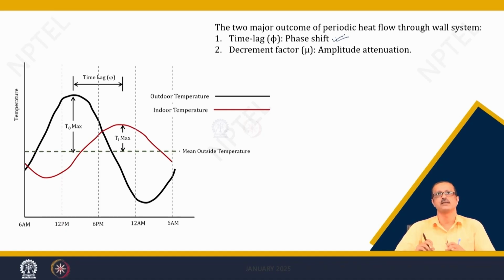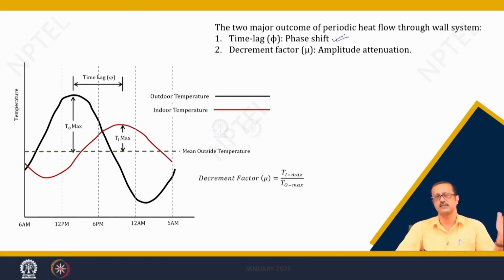There is a kind of damping happening, because the wall element, roof element, or any fenestration element has some capacity to absorb heat, and that heat absorption leads to a change of temperature between outdoor and indoor. This phenomenon is called the decrement factor.